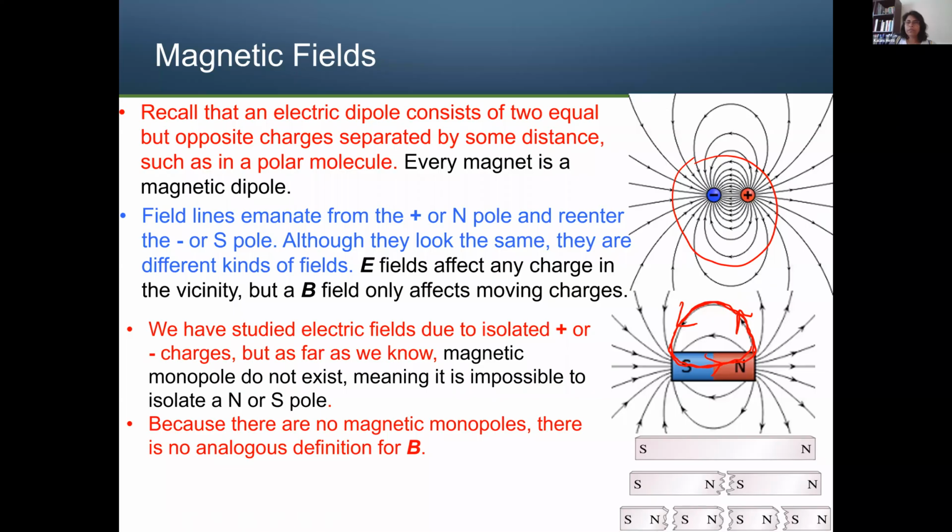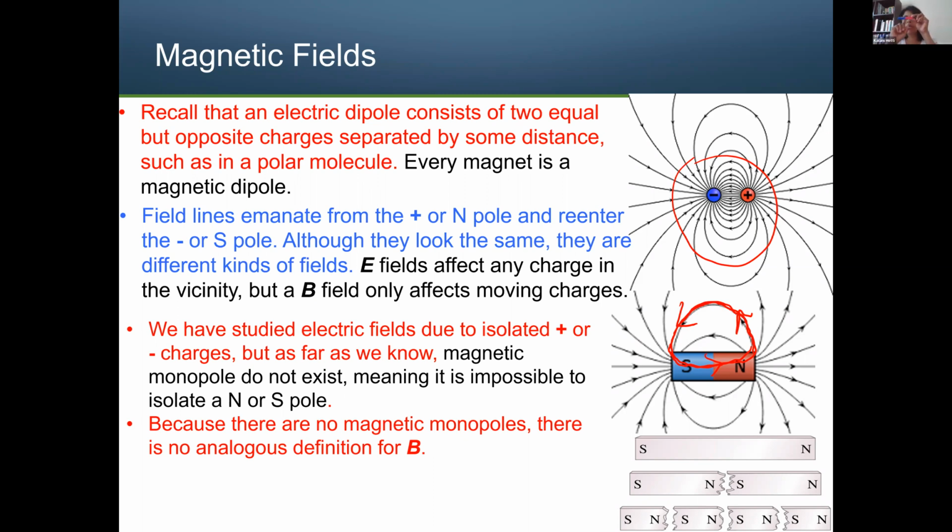So north and south will act like positive and negative, but they are actually poles. Since the north and south poles stay together, you can never separate the magnet. You cannot divide it into pieces where north is this part and south is this part.